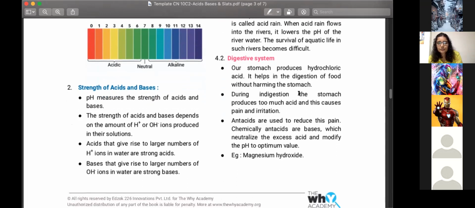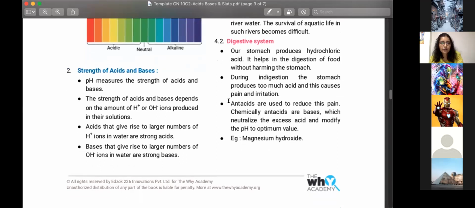During indigestion, when you eat a lot, or even if you stay hungry for a long time, or if you eat too much, the word acidity comes from the fact that there's too much acid in your stomach, and that causes pain and irritation. Sometimes you get acid reflux also, like if a tiny bit of that acid gets into your esophagus, you get a weird burp and heartburn and stuff like that.